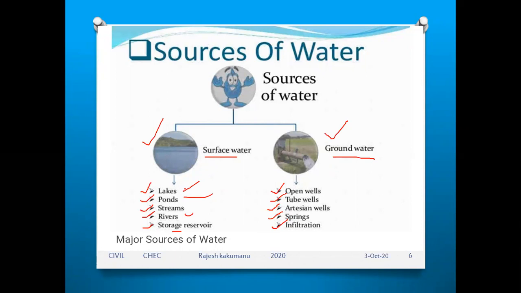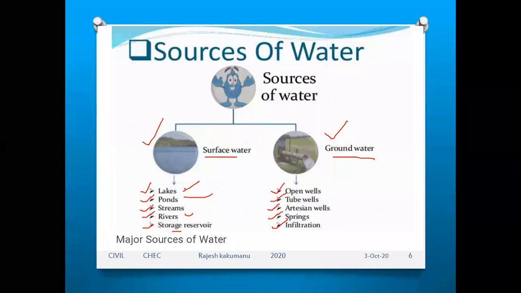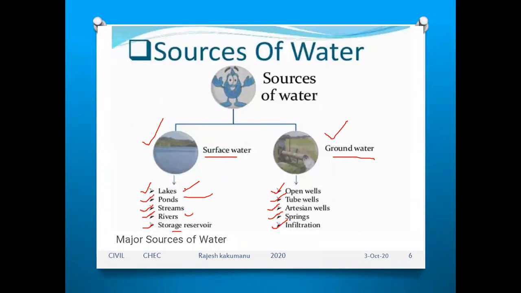Once the water is sent to the municipal tank from the lakes, infiltration or tube wells, in big high-altitude tanks or ground-based tanks, it passes from the tank to the different houses, communities or apartments.